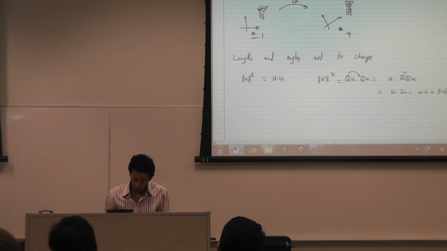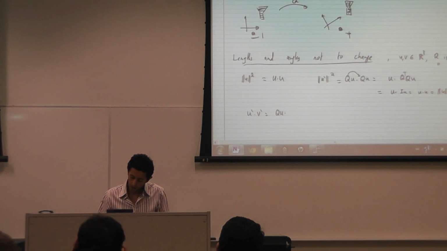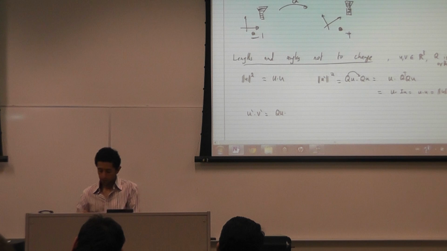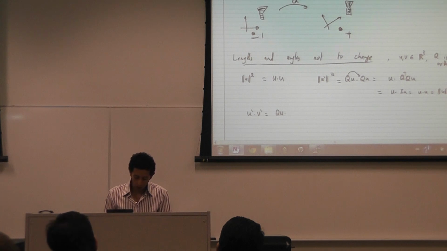And similarly, Qu or u prime dot v prime, where of course u and v are in R3 and Q is orthogonal. The angle between u and v after rotation is equal to Qu dot Qv.